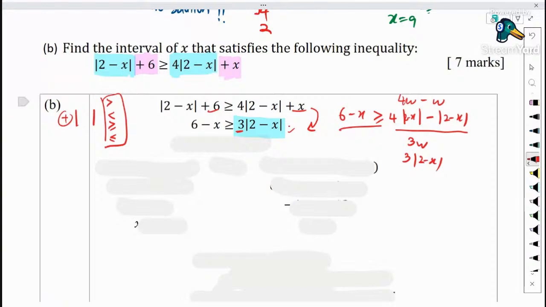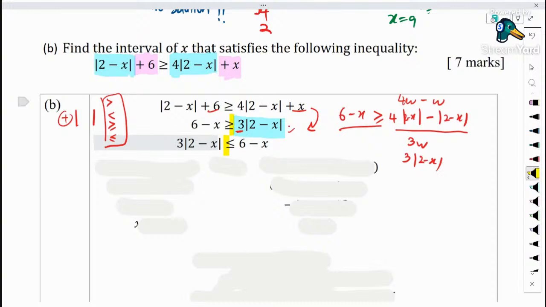Only then do we start to do the definition using GOLA, LAGOLA, or whatever funny acronym that you remember. So now this is equivalent to 3 modulus 2 minus x less than or equal. Check the inequality sign: the sharp part is pointing at the modulus term.